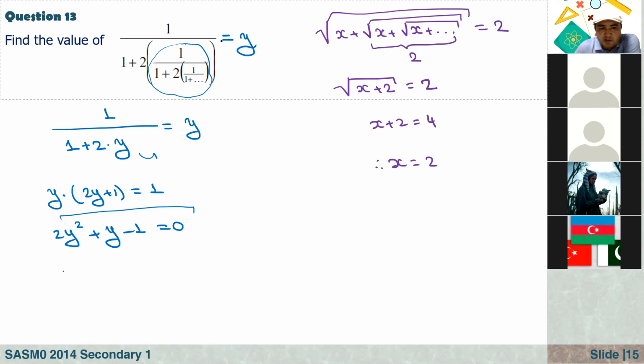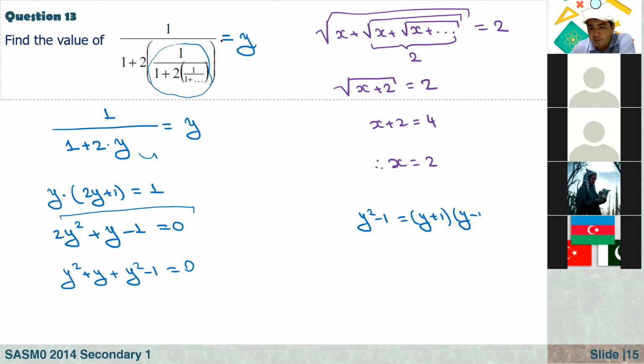This 2y squared, I'm going to write it like this: 2y squared plus y, and plus y squared minus 1 is equal to 0. What is y squared plus y squared? It's just 2y squared, right? I just split this into 2. Now, y squared minus 1 is equal to y plus 1 times y minus 1. If you know this, it's good. If you don't know this, now you know.